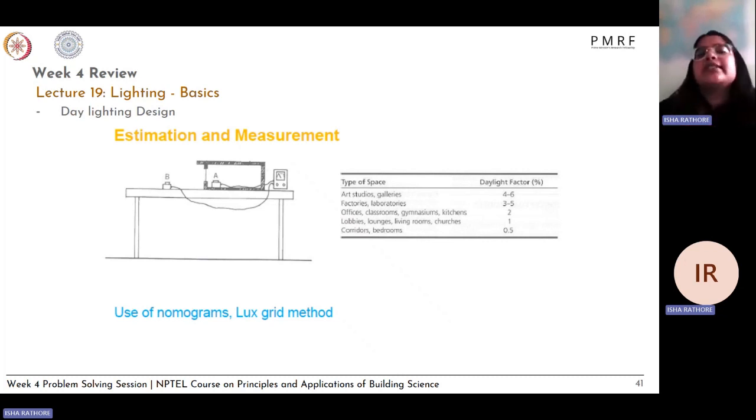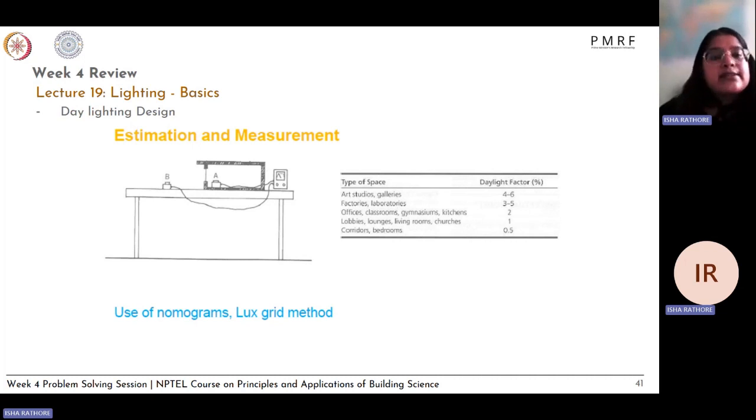So there are basically three types of lighting requirements which you need to ensure. One is task lighting, for example, if you're studying, then you need to ensure that your study table is at a certain lighting level. Then you also have the ambient type of light as well.